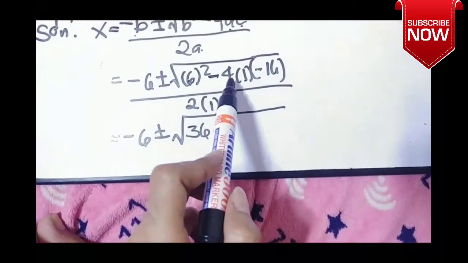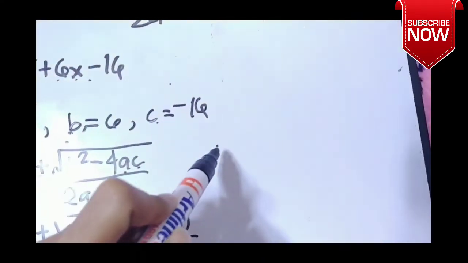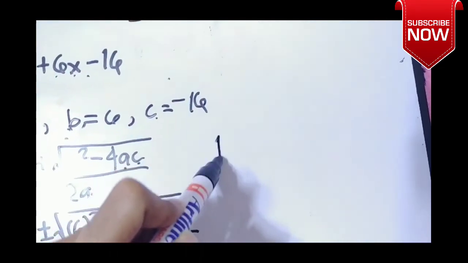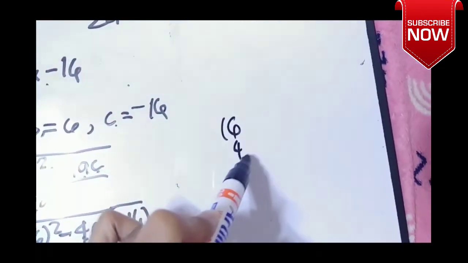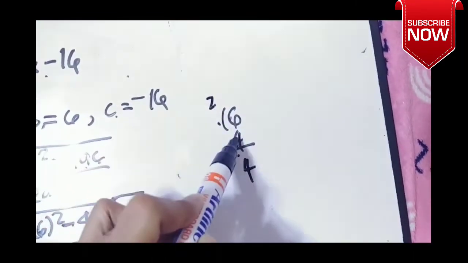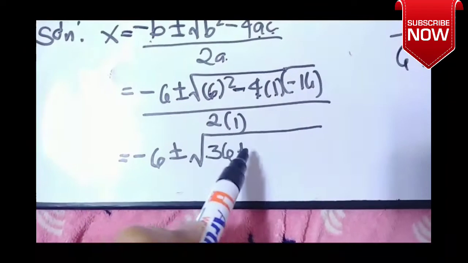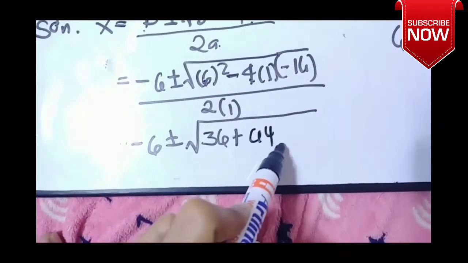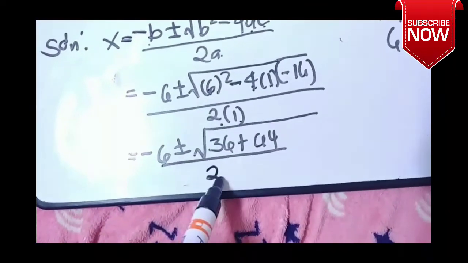So solve lang natin yung 4 times 16. Hindi tayo gagamit ng calculator. Assuming na high school pa tayo. At since sa high school, hindi pa ginagamit yung calculator. So, that would be 16 times 4. 6 times 4, that is 24. Carry 2. 1 times 4, 4 plus 2, that is 6. So, the answer is positive 64. All over 2 times 1, that is 2.